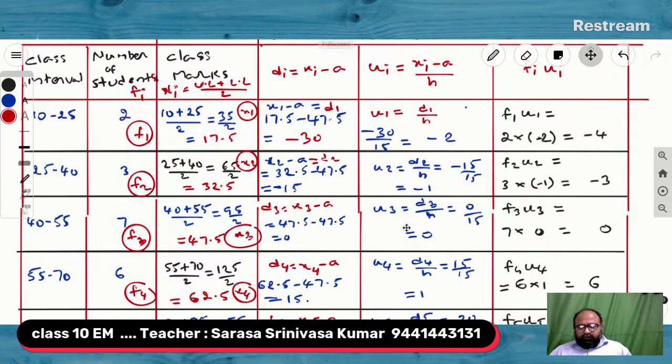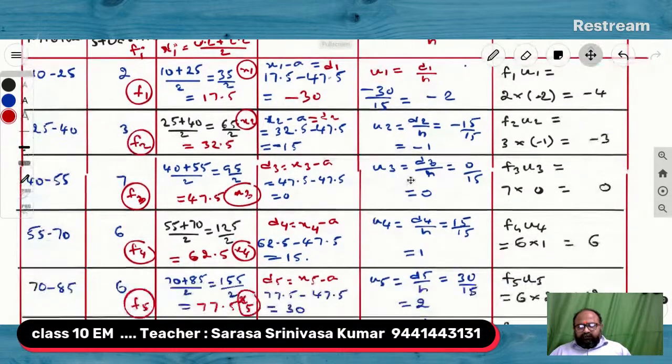Next, u3 is d3 by h. d3 is 0, h is 15, so 0 by 15 gives 0.